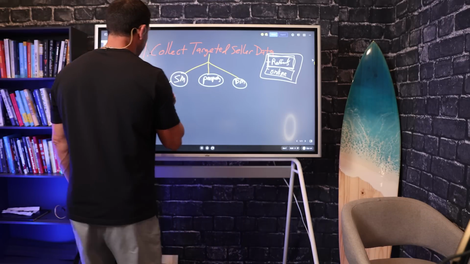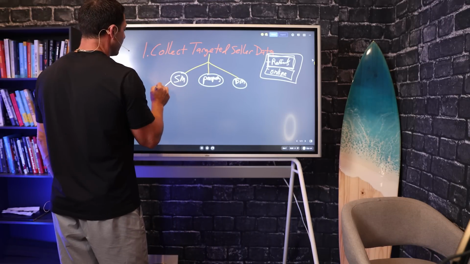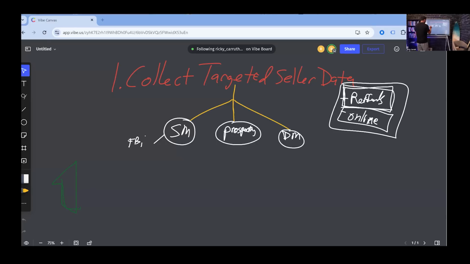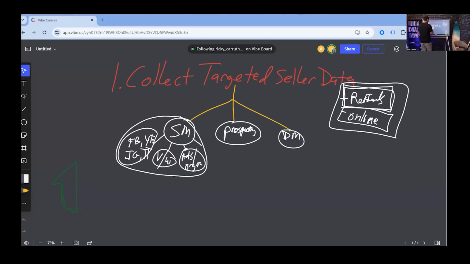But when we talk about social media, you got the different platforms, right? Like Facebook, YouTube, Instagram, TikTok, all that stuff. You got video, you got written word, you got ads, organic, all the different stories, posts, and so on. So let's just put all that in the same category, social media.